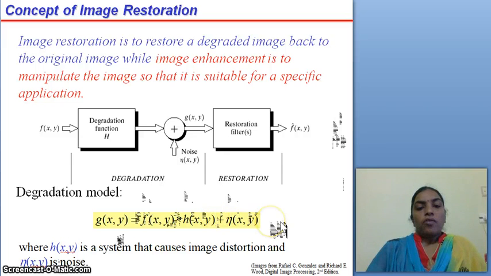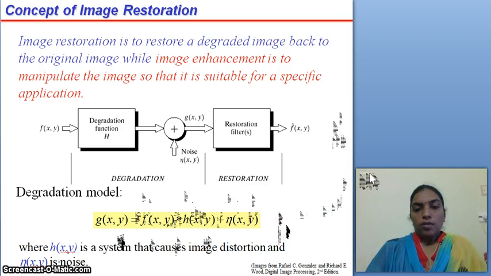This one is in the spatial domain. If I take it in the frequency domain, g of u comma v is f of u comma v multiplied by h of u comma v plus n of u comma v. That is g of u comma v equals f of u comma v into h of u comma v plus n of u comma v.